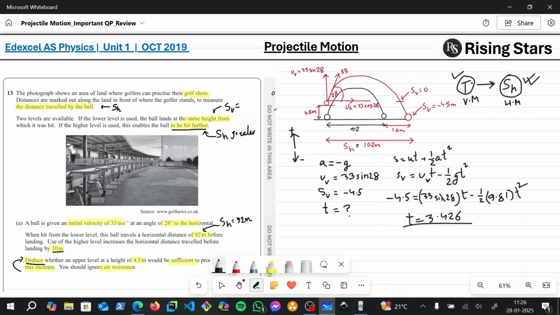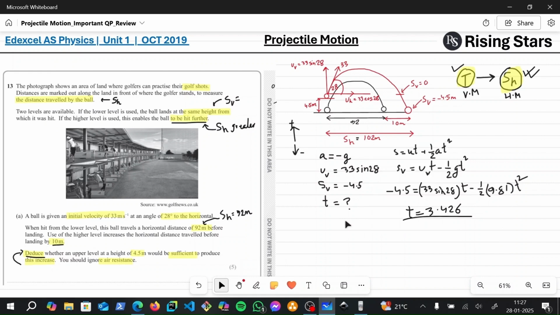All right, so now we have the time of flight. Now we can find the horizontal displacement, the thing we want, and we want to see if it's actually 102 or not. Since it's a horizontal motion, we don't need to use any SUVAT here, because there is no acceleration. So we're just going to use the simple formula: v equals s over t, velocity equals displacement over time, and displacement is equal to v times t.